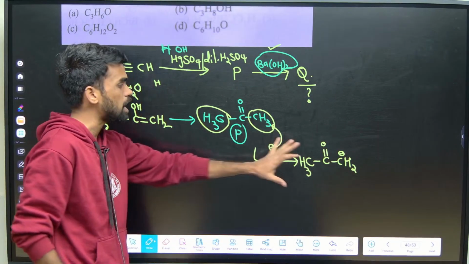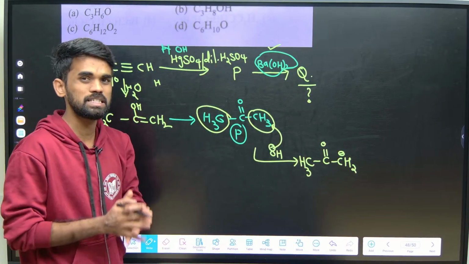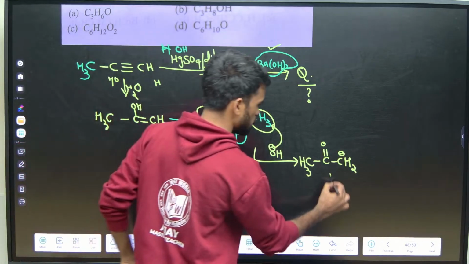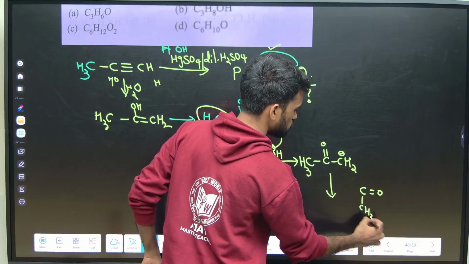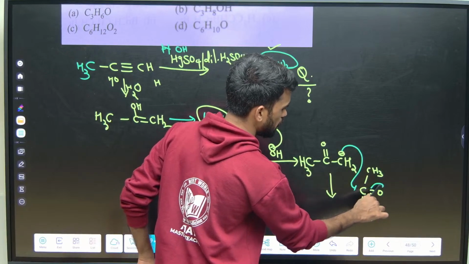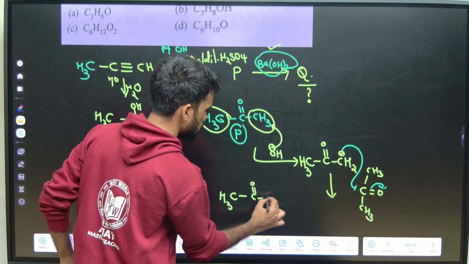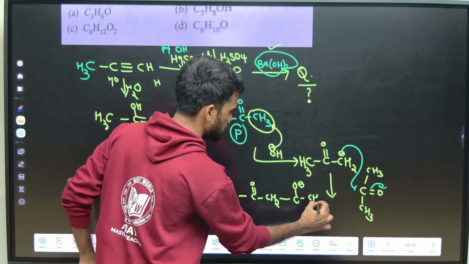This carbanion will attack the one more carbonyl group. I will tell you that is a simple aldol condensation, but I just wanted to give you the reaction first, then I will tell you the trick also. Now it attacks here like this, so that you will get CH3COCH2C(O minus)(CH3)CH3.